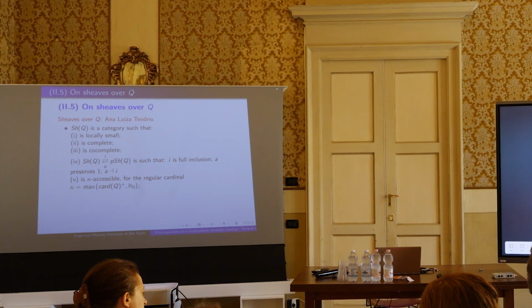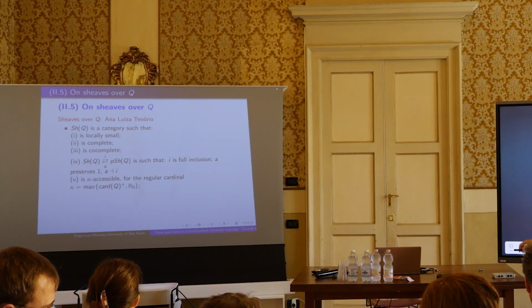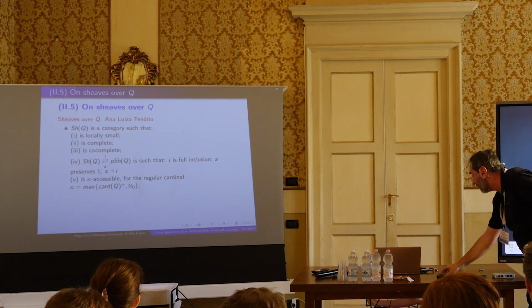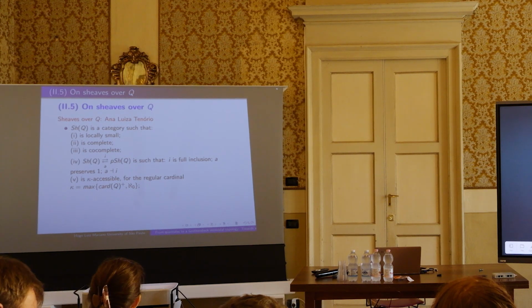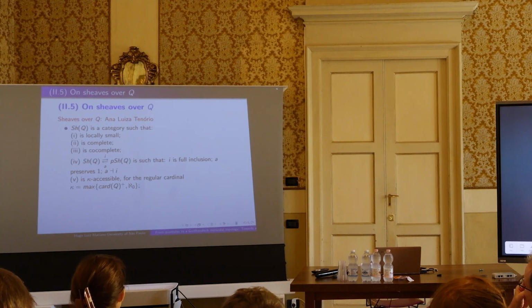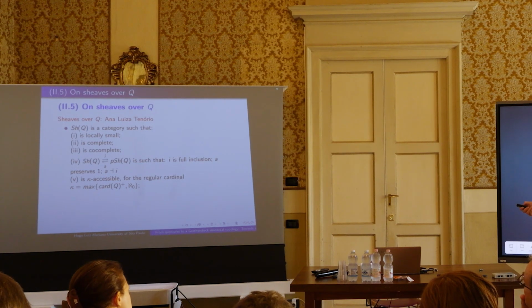So you can, for instance, consider this adjoint for the category of internal groups, etc. That's the main point. And this kappa is related to this cardinal because of the construction of the theorem that we can find in the Adamek-Rosicky book.